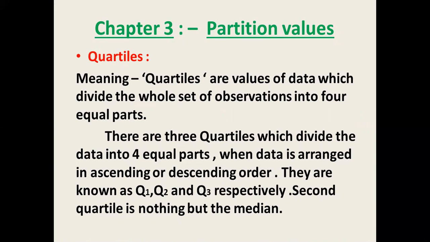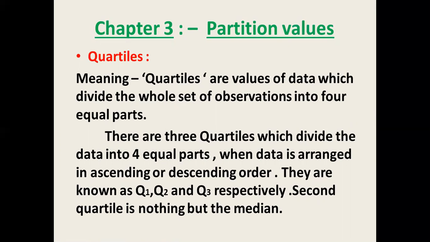We never calculate Q4, because we already get it. For example, take the numbers 1 2 3 4 5 6 7 8 9 10 and 11. These are 11 numbers, 1 to 11. If we calculate the quartiles, 3 is Q1, 6 is Q2 and 9 is Q3.